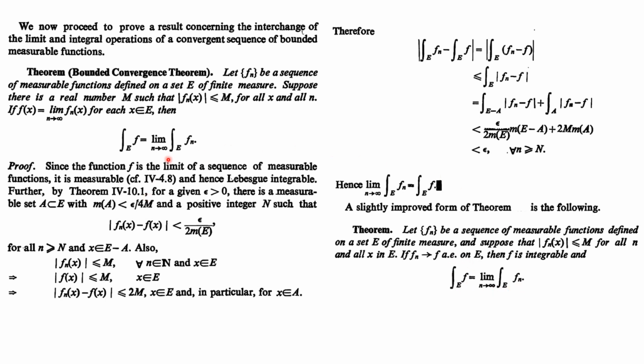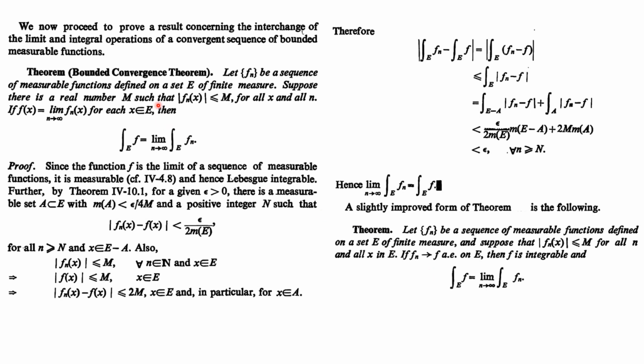So the proof is on the same lines. Rather than taking set E, we will consider the set E1 where this sequence converges to f for all x belonging to E1, and those points where it is not convergent, the measure is 0. So the integral becomes 0.